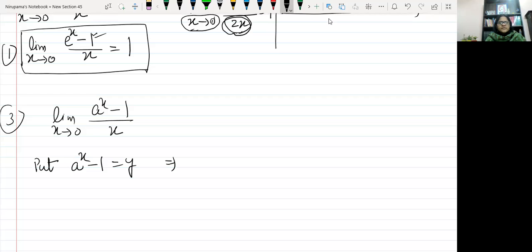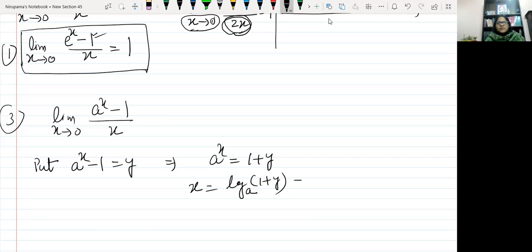Okay, this implies a^x = 1 + y, right? Now if we take logarithm with base a of both sides, we get x = log(1 + y) with base a, right?